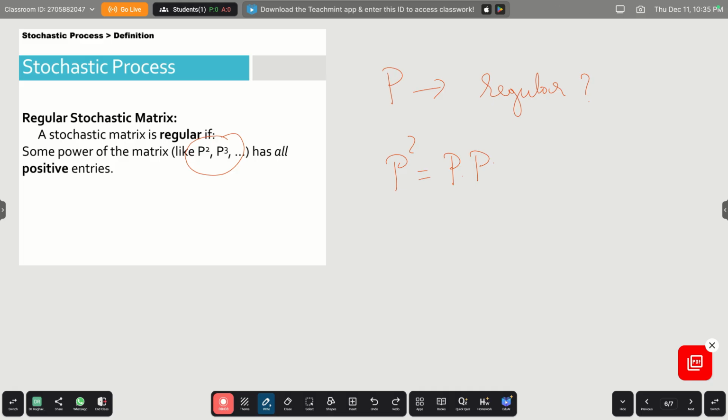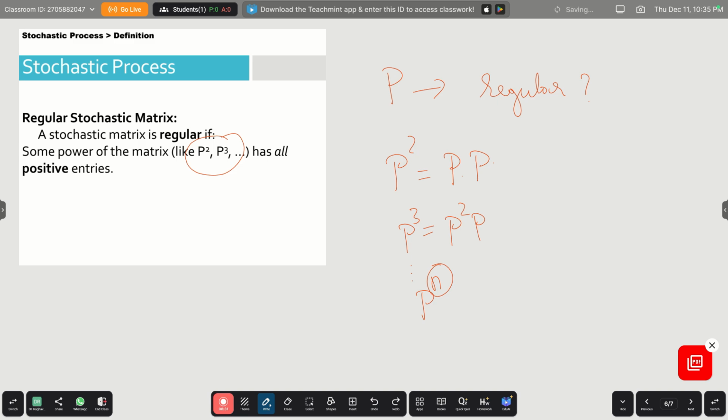Alright. So P square is equal to P into P, or P cube, which is equal to P square into P. Alright. So for some n, P power n should have all the entries positive. Then it is called a regular stochastic matrix.